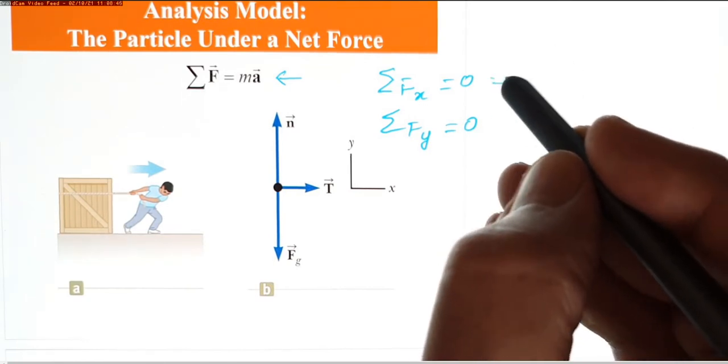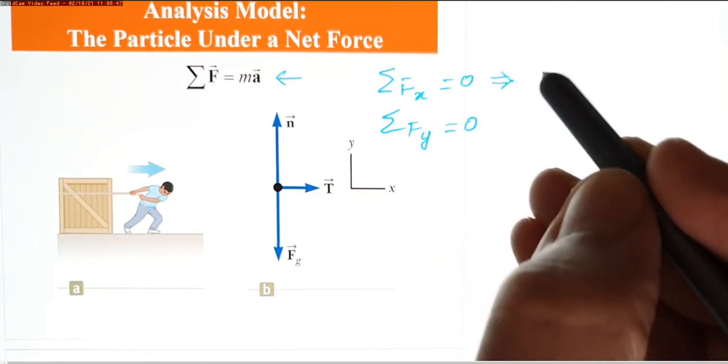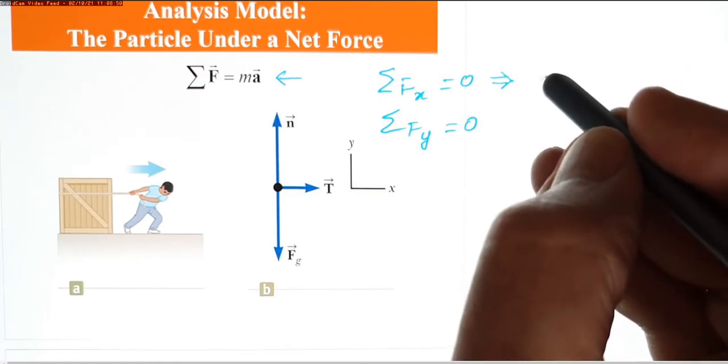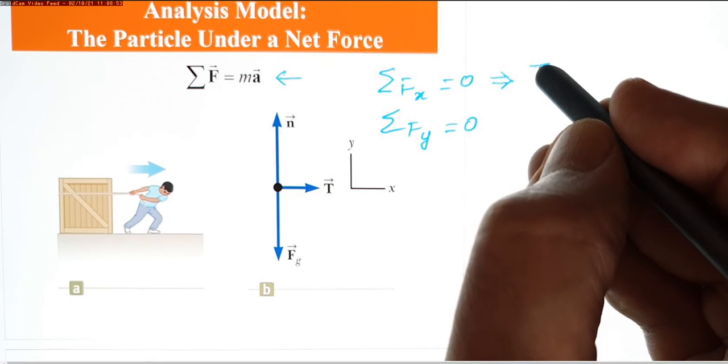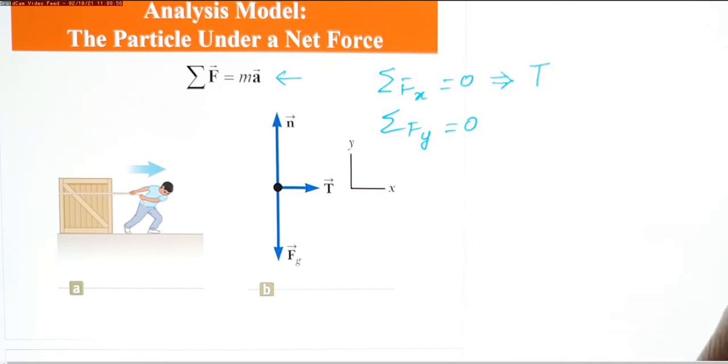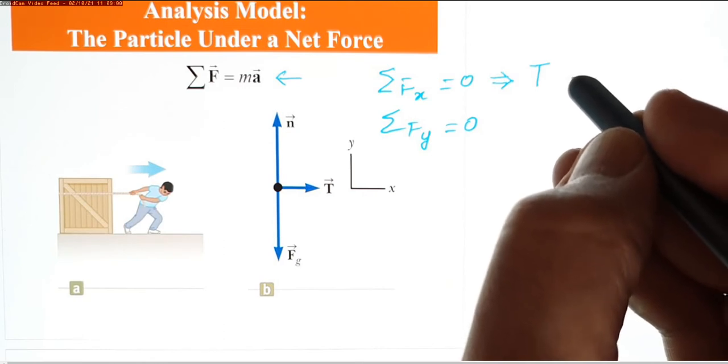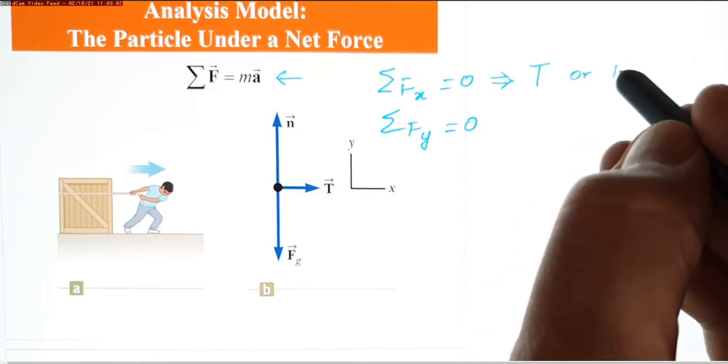In the x-axis, how many forces do we have? We have only one force. You can call it tension, for example, or we can call it force of the boy.